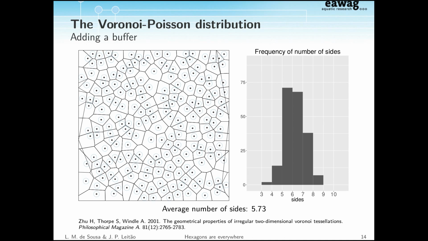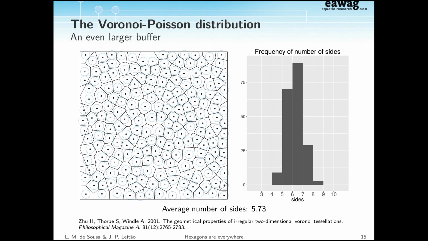If I continue increasing this minimum distance between the points, the distribution gets narrower and narrower, and now almost half the polygons have 6 sides, and if I keep increasing this distance, this will trend eventually to a perfect hexagonal pattern.